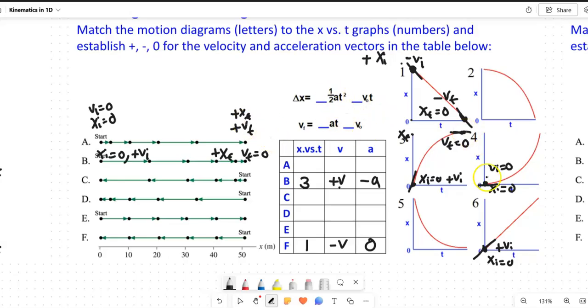So we're looking for something starting out at 0 with a 0 slope, and then later on it's got that x final, which is positive. So this will be at positive 50, and that slope, v final, is going to be positive.